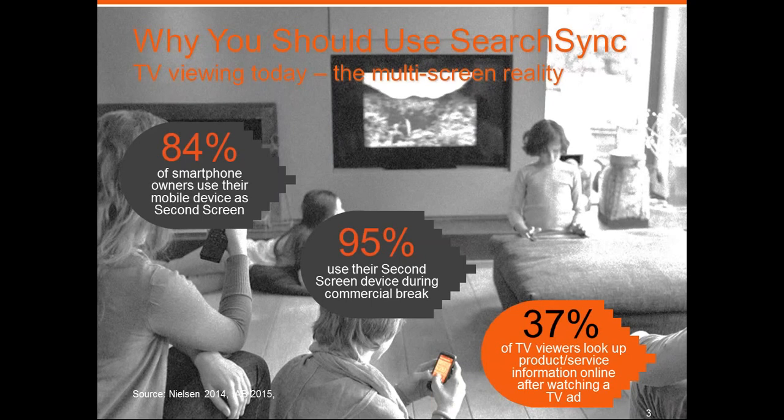And especially during TV ad breaks is when there is the most activity. And this activity translates to looking up information on what the users are seeing on TV. And this isn't limited to looking up interesting information about the show or checking what's coming up next, but a lot of users interact with the product, services, and brands shown during commercial breaks.